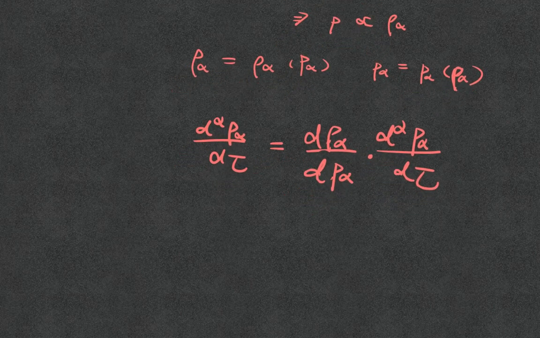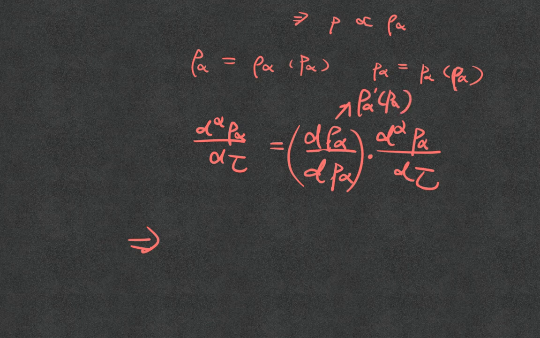Now, let me rewrite this as just P prime P. I mean rho alpha prime. Okay, just for making it simpler.